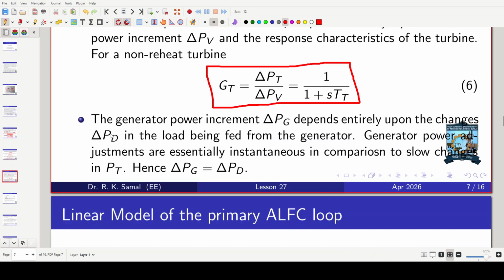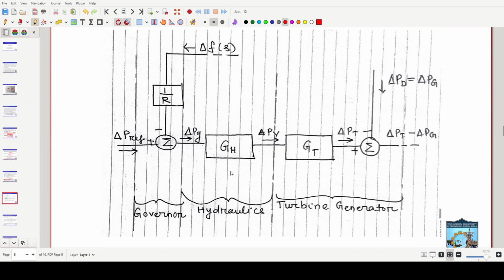Now, as I have been saying from the beginning, the generator power increment delta PG is basically the change in the load that we are talking about, and hence this generator power change is the load power change. Thereafter we get this linear model of the ALFC loop. If you can see here, you have the reference power.